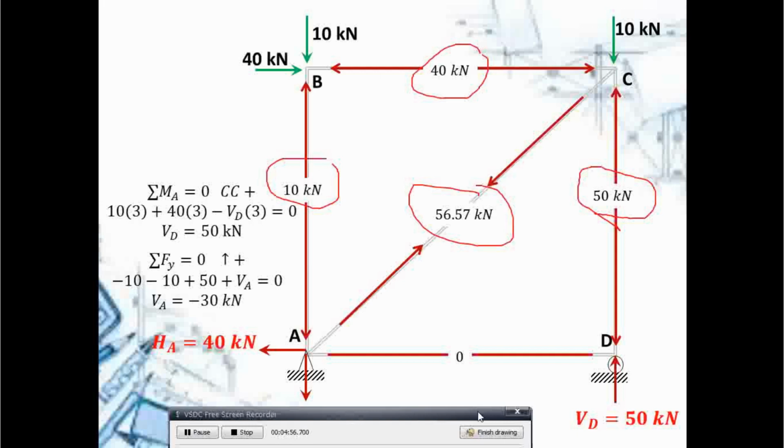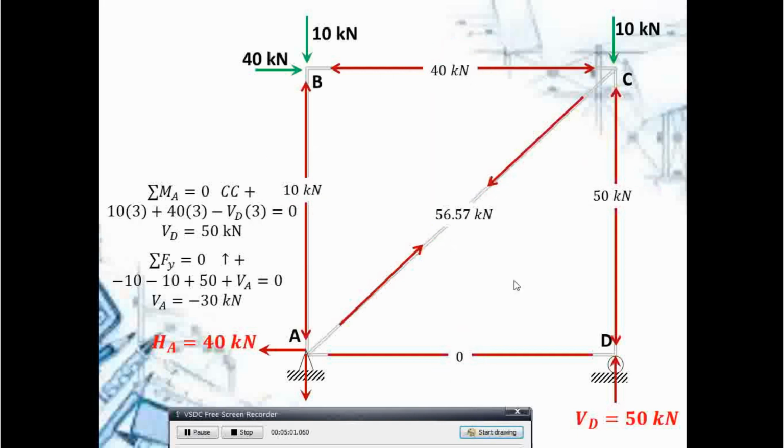Kaya nang sabi ko, do not just watch this video. Get your ball pen and your piece of paper, and using method of joints, show to me how did I get 50, 56.57, 10, and 40 kilonewtons?